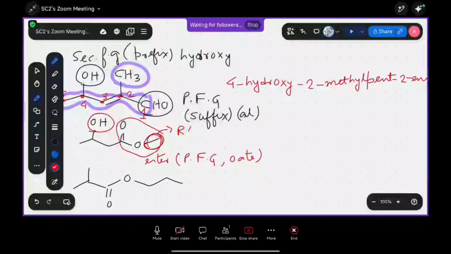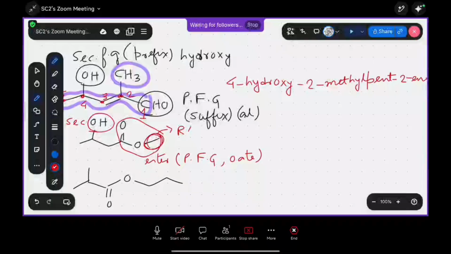OH is the secondary functional group and the prefix is used, which is hydroxy. Now, while naming the ester, what do we do? The ester, being the principal functional group, is supposed to be written at the end.